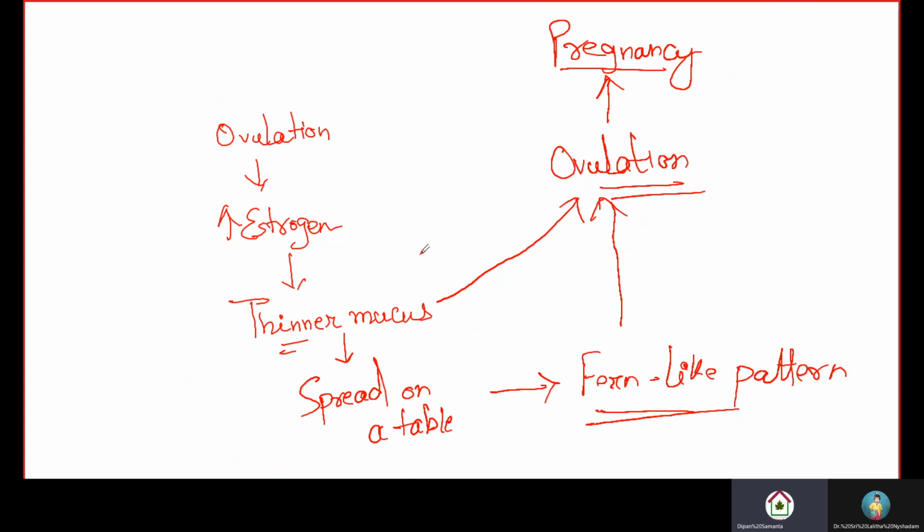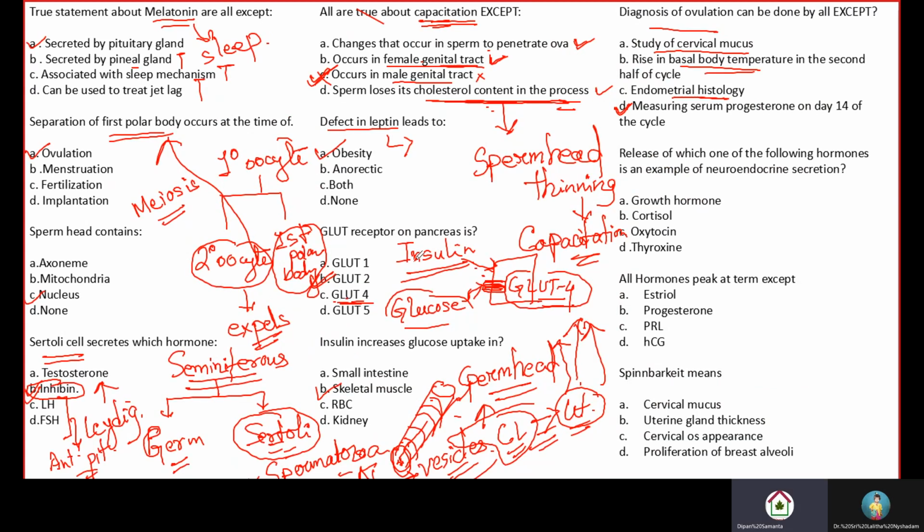Okay. Next is rise in BBT, basal body temperature. There will be surge in LH secretion during the 14th day, and a convenient and reasonably reliable indicator of the time of ovulation is rise in BBT.